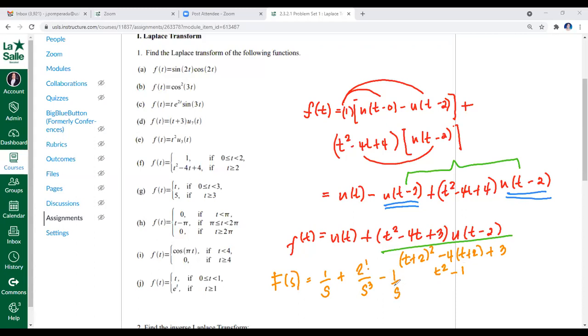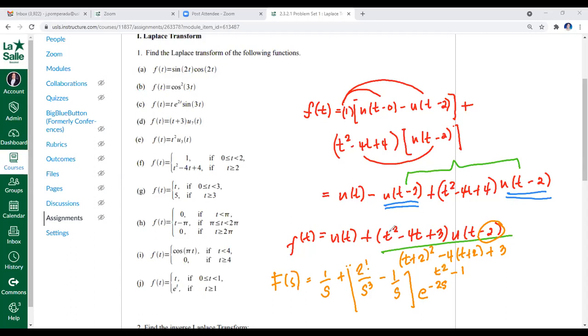Now, you cannot cancel this 1 over s and this 1 over s. Why? Because the third step to this is you account for the time translation that happened here. How? Based on property number 7, it's an e raised to minus 2s.